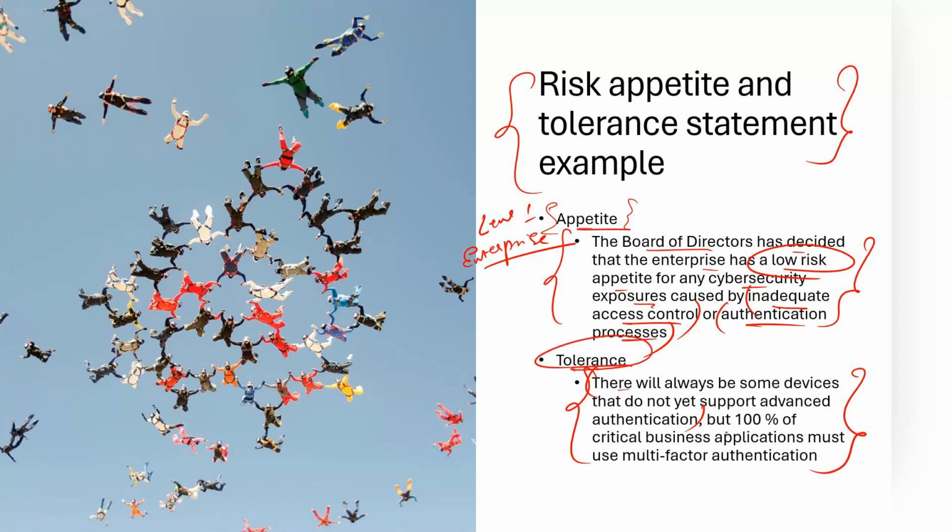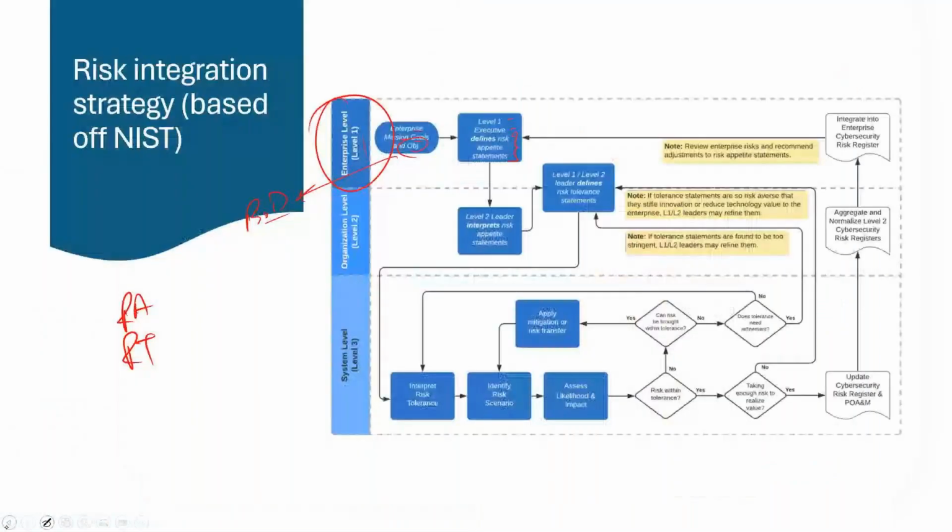But 100% of the critical business applications must use MFA, multi-factor authentication, and this is my tolerance statement. This is also where I was speaking of the additional controls layer if my risk appetite happens to be breached, right?